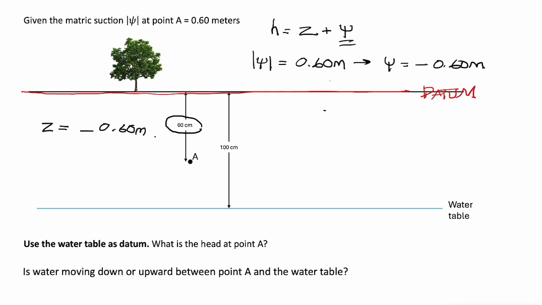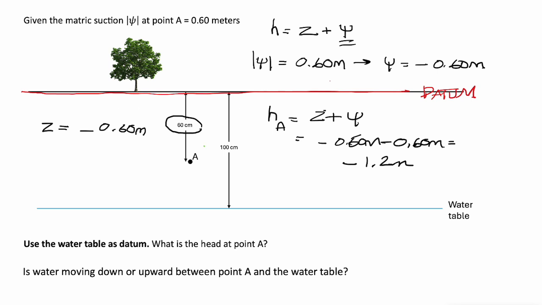So the head here now at point A will equal Z plus psi, which is equal to minus 0.60 meters and minus another 0.60 meters, which equals negative 1.2 meters. All right. Okay, so there is my 1 point.